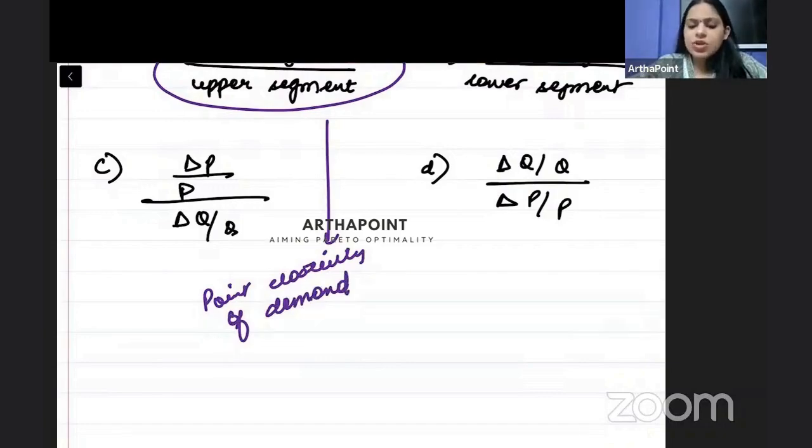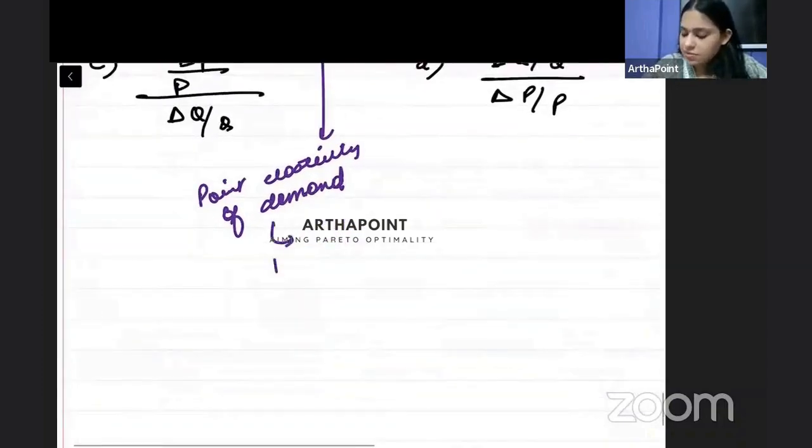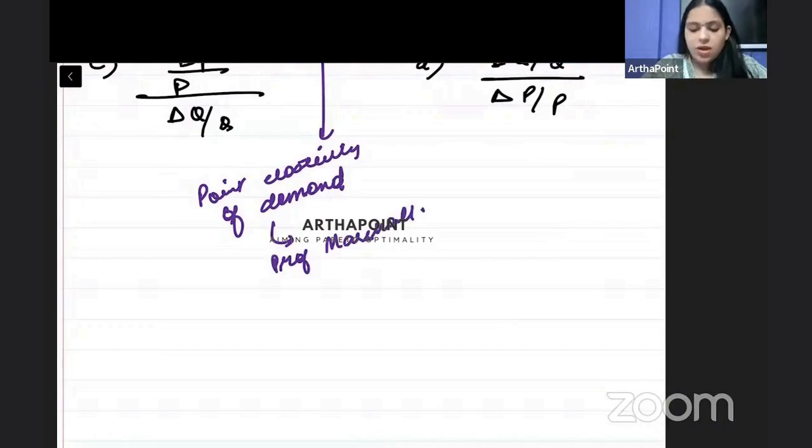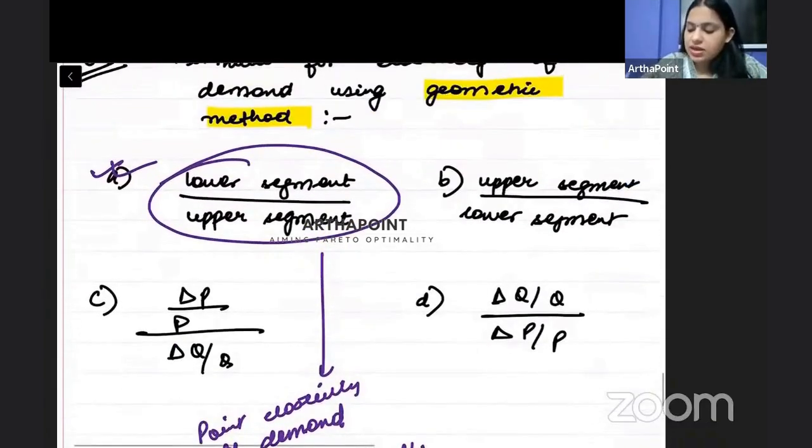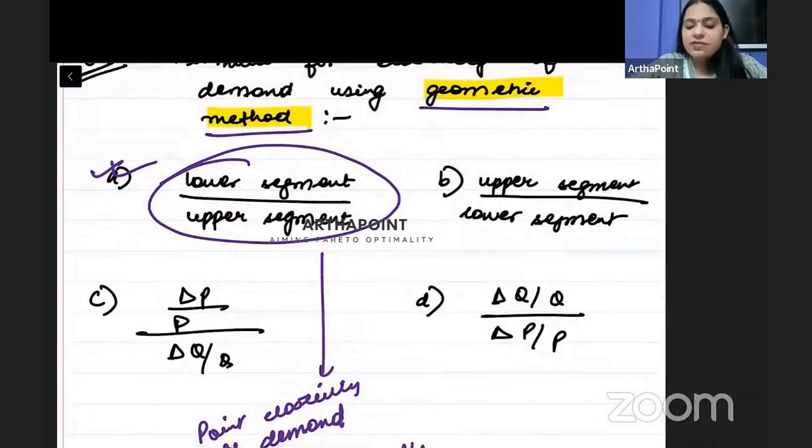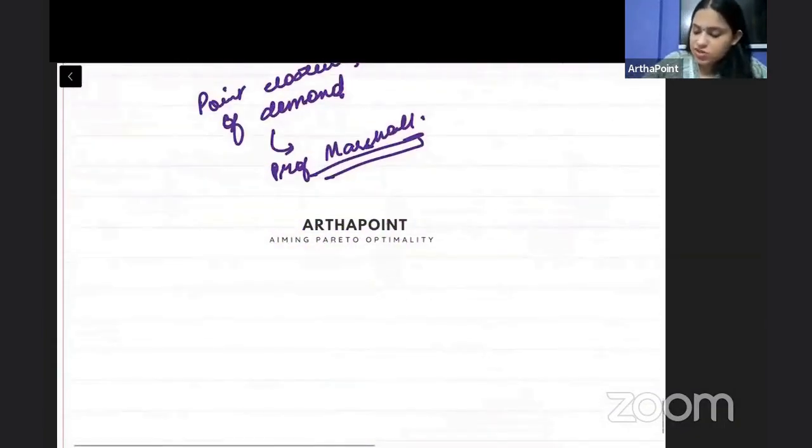It was developed by Professor Marshall. Marshall talked about point elasticity of demand. So the correct answer to this question is point elasticity of demand gives the geometric method, and the answer is lower segment divided by upper segment. Right, beta. Next question.